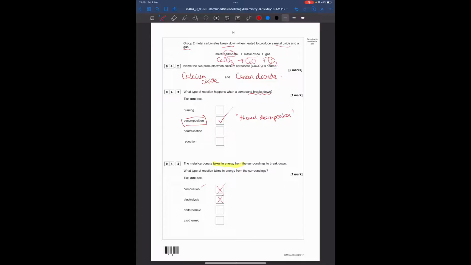And it's between endo or exothermic. You should remember that exothermic gives heat out to the surroundings, or releases heat to the surroundings, therefore you get an increase in temperature. You can think of it as heat being exited from the chemicals, so therefore heat being taken in or absorbed is an endothermic reaction.